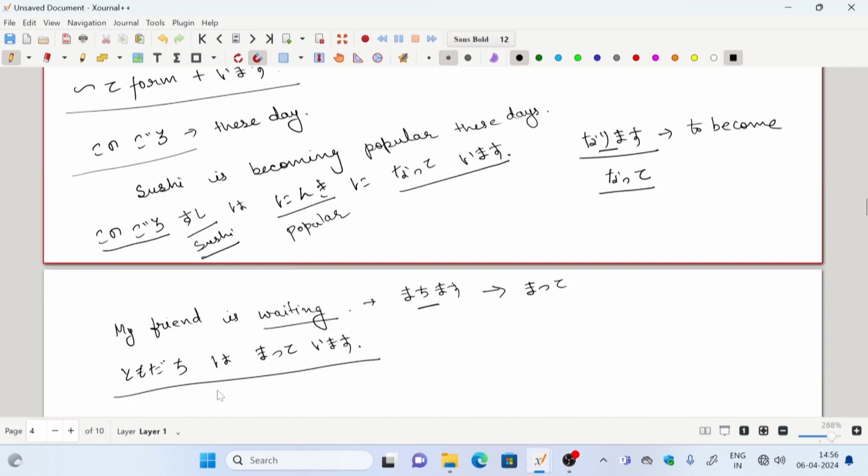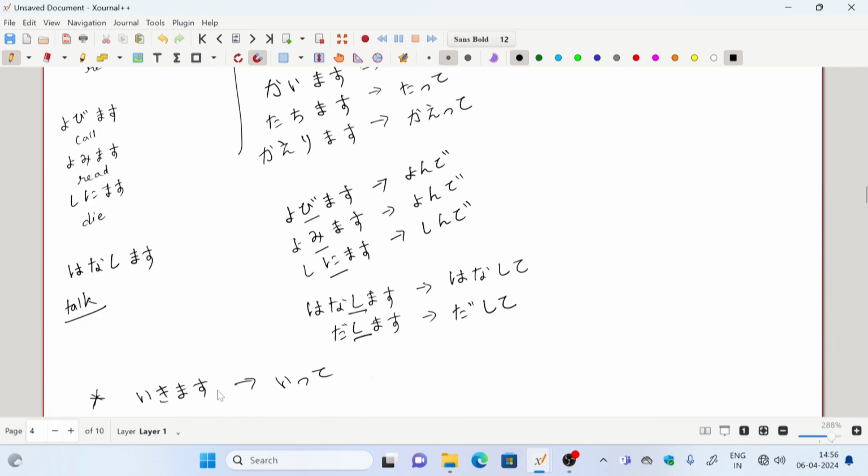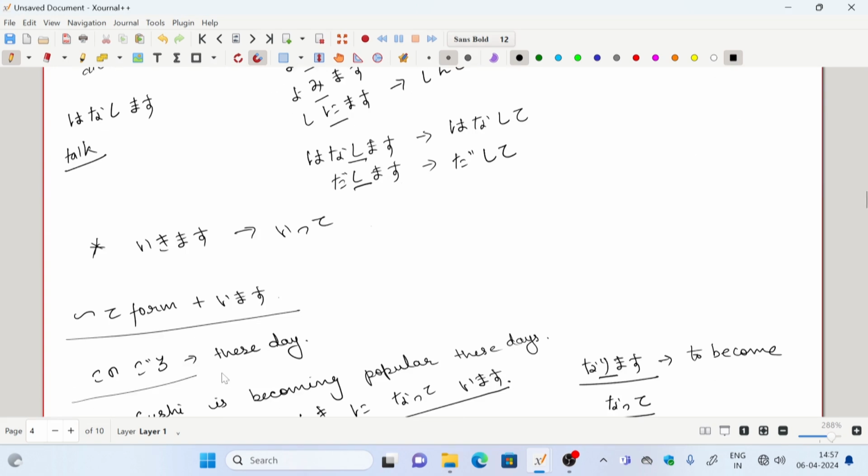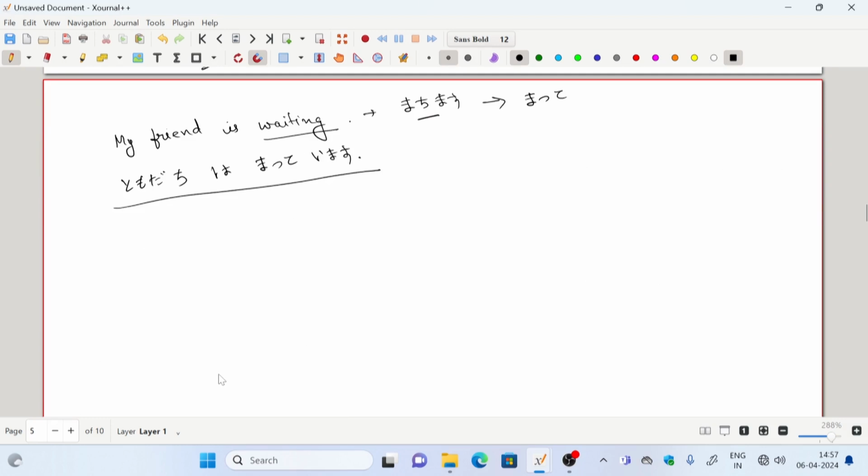Let's use another. Hanashimasu, which means to talk. So that person is talking in Japanese. So that person is ano hito wa.